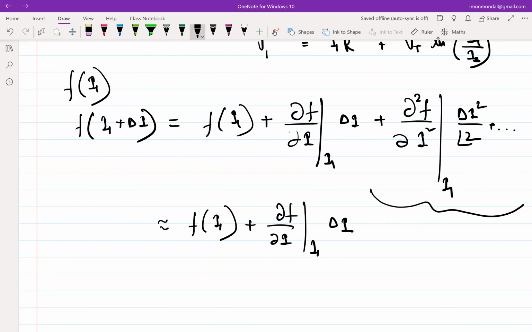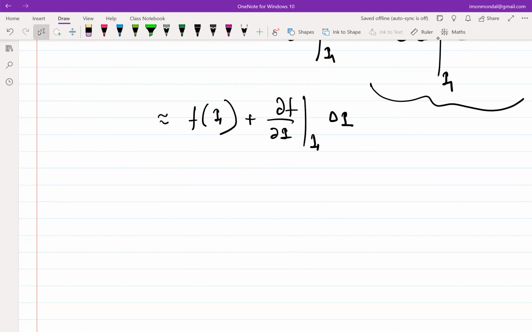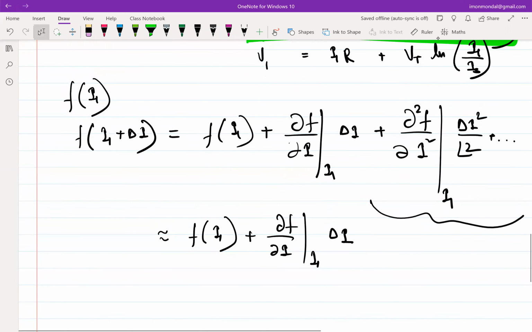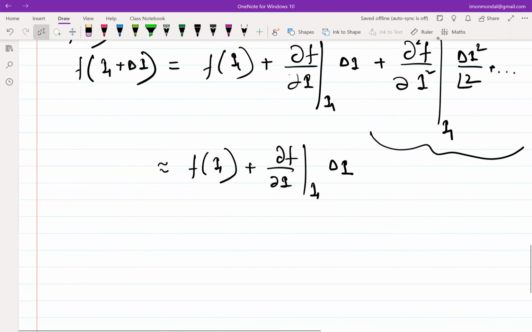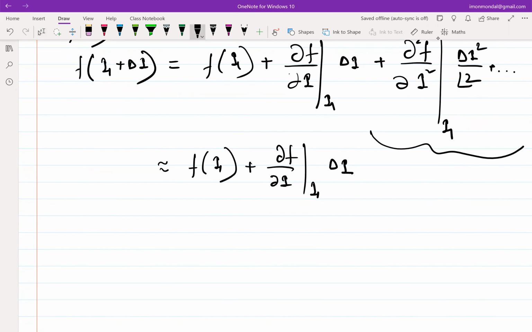Okay, so then what do I replace? In our case, our function f of I is ln of I by Is. So what will be del f by del I? 1 by I, right? So let me just replace this here.